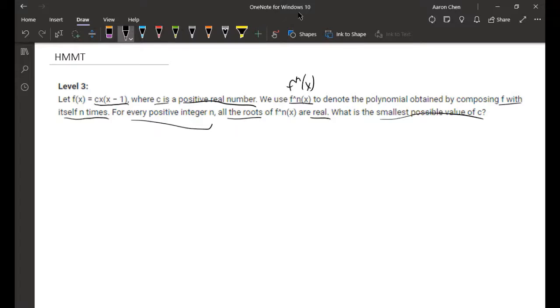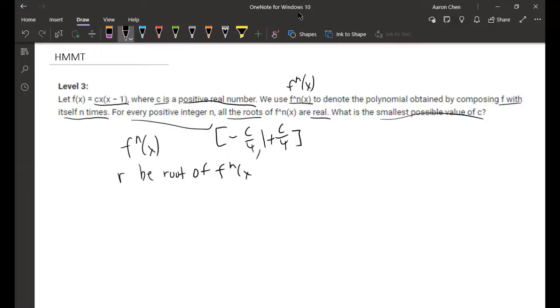To do this, we first want to show that the roots of f to the power of n of x are all in the range negative c over 4 to 1 plus c over 4. The way we do this is, let r be a root of f to the power of n of x.